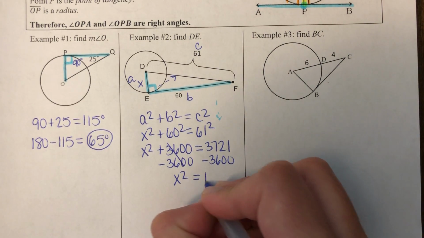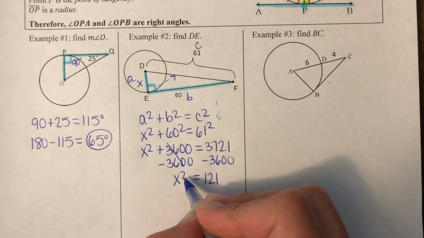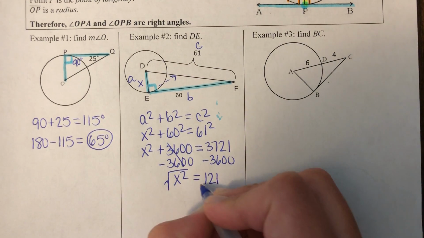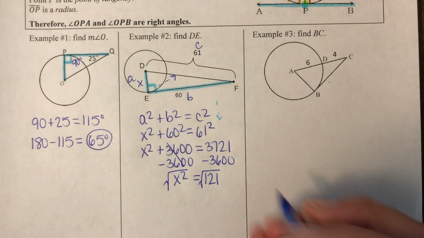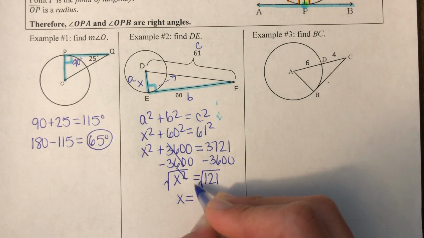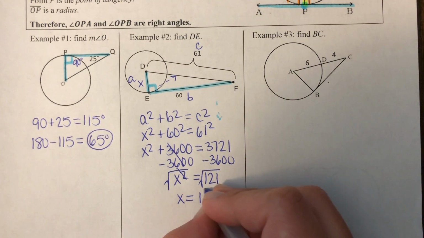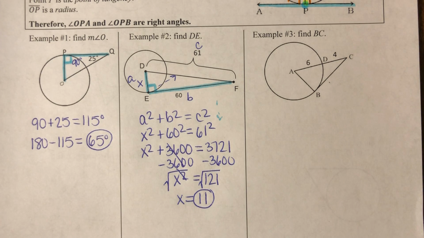Subtract these guys, we get 121. Last step, the opposite of squaring something is to take the square root. So those cancel out and we just have an x. And the square root of 121 is 11. So DE is 11.